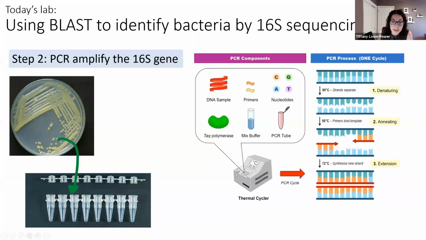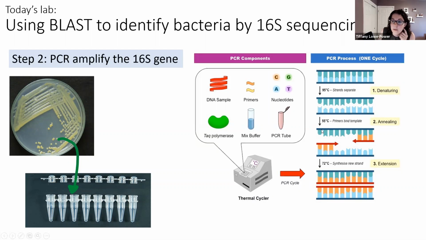The thermal cycler will then go through multiple temperature cycles up to near boiling, which allows the DNA to melt, to denature. So that allows all of these base pair hydrogen bonds to disassociate from each other, and so you separate the two strands of your DNA. So then you have single-stranded DNA, and you cool the temperature down to 55.